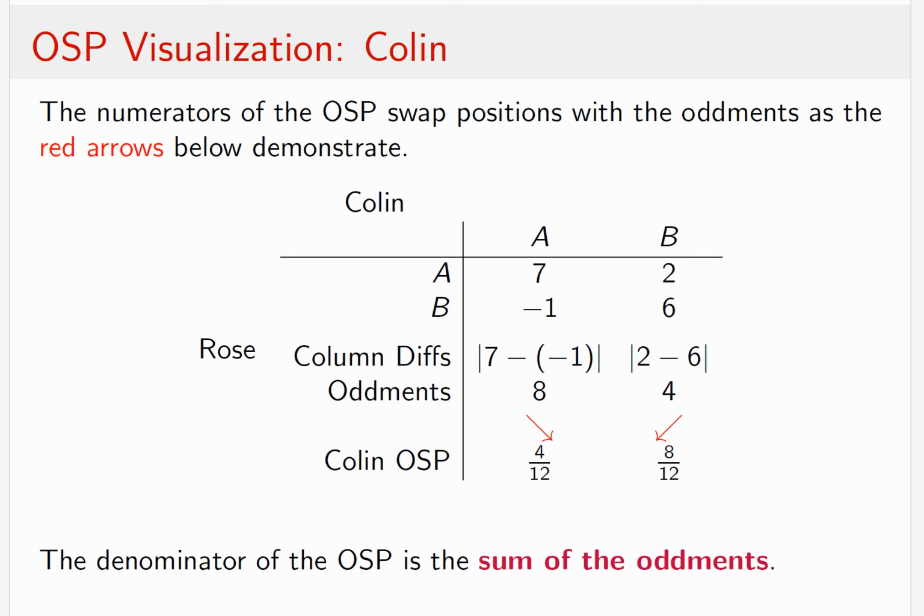Now I know that 4/12 is 1/3 and 8/12 is 2/3, but again, I'm showing the unreduced fractions to show how the oddments are being put together. The denominators, just as in the row case for the columns, are the sum of the oddments. The oddments numerators switch sides, right? The Colin A oddment becomes the Colin B proportion numerator.